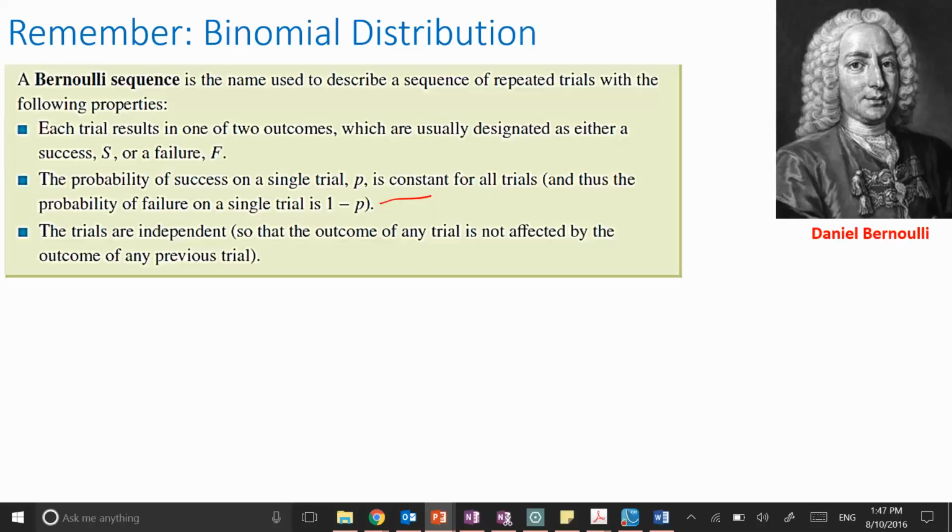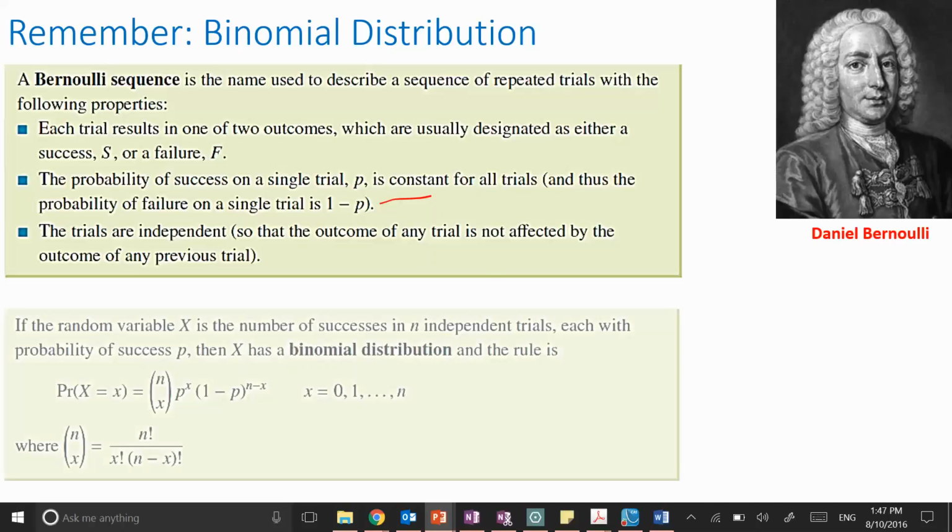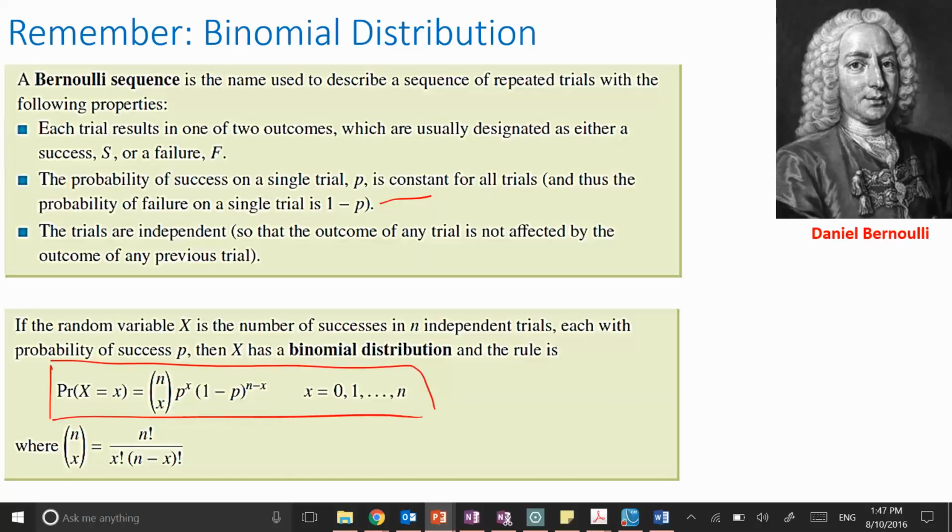That's a Bernoulli sequence, and if you follow a Bernoulli sequence, which I showed you through a tree diagram, that's where this formula came about. I gave you an example of flipping a coin, and rolling a dice, getting a 6 or not a 6, and I showed you how this formula came about. If you've forgotten, go watch the video again, or look at that PowerPoint again, so it makes sense where this formula comes from, or memorize it.